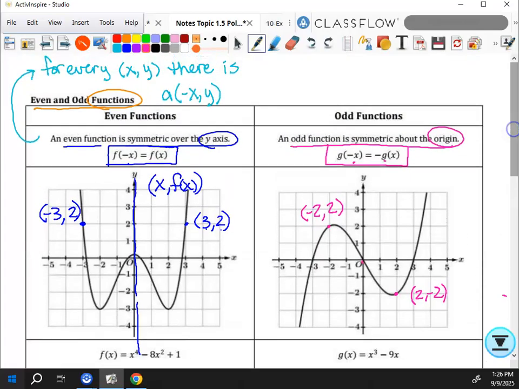So to write up here, well, let's write for every x, y, there is a negative x, negative y. Okay.